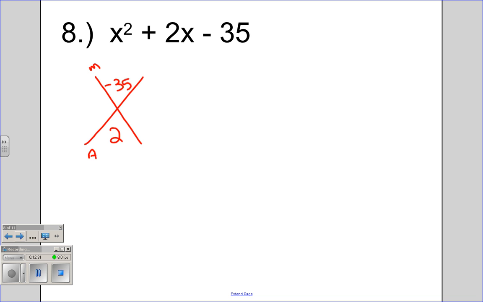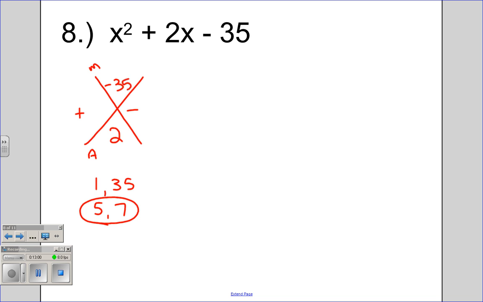So if I ask to multiply to give me a negative 35, the signs have to be what? A positive and a negative. Now we're going to look through and figure out what numbers multiply to give me 35. Well, 1 and 35, and 5 and 7. Now which ones would come close to giving me 2? Right, the 5 and the 7.